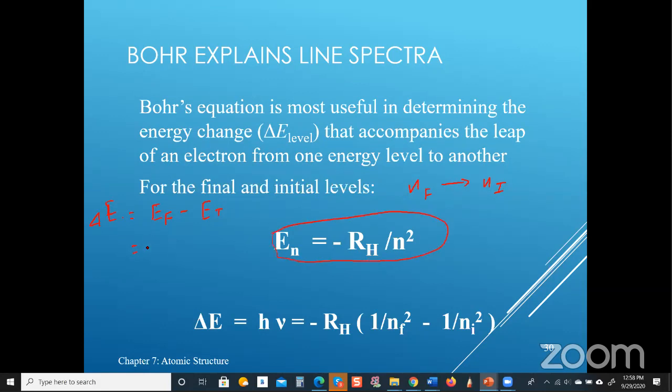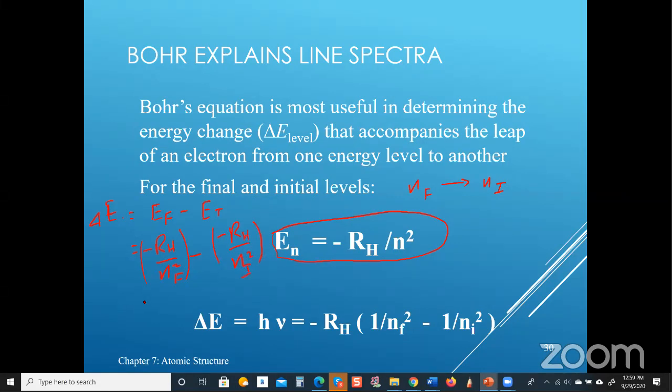E final would be equal to minus RH over N final squared, minus, let me put that in parentheses to avoid confusion, minus RH over N initial squared.